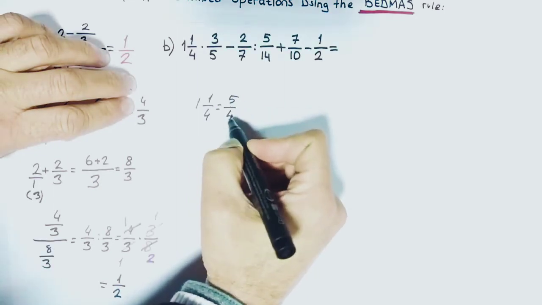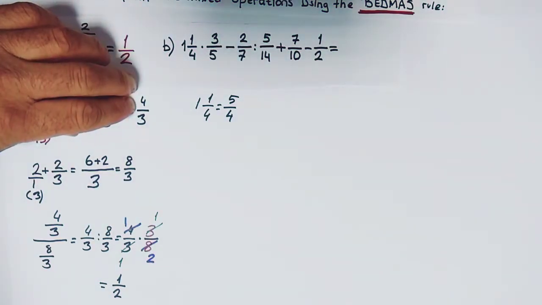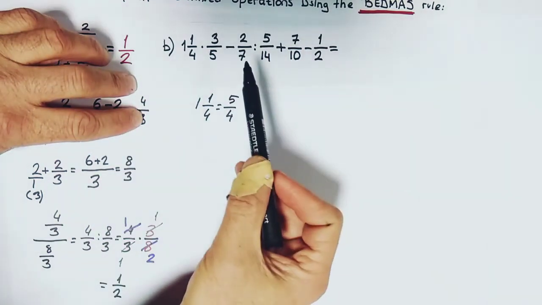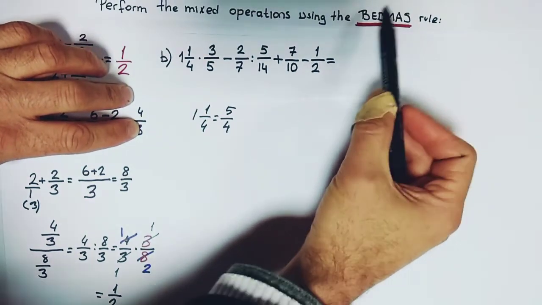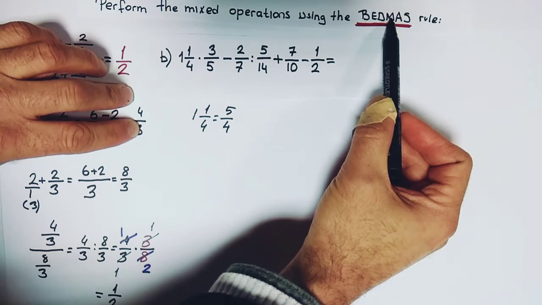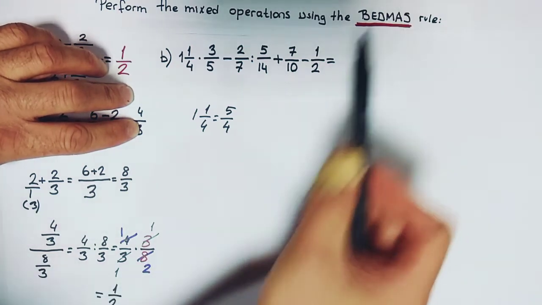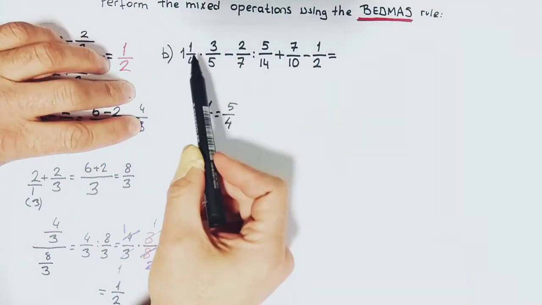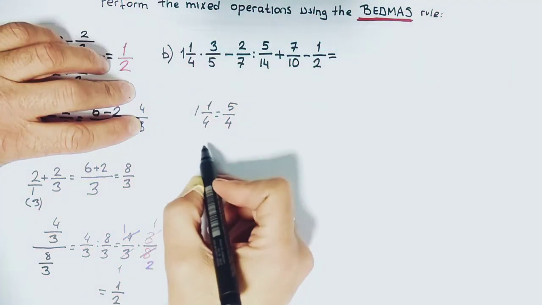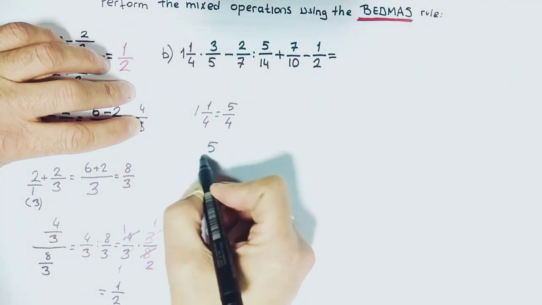So we can write it as an improper fraction, and it is 5 over 4. Remember the BEDMAS rule? We have to give priority to division and multiplication, then addition and subtraction. In this case, here we have multiplication, here we have division. So, let's write down the question again.